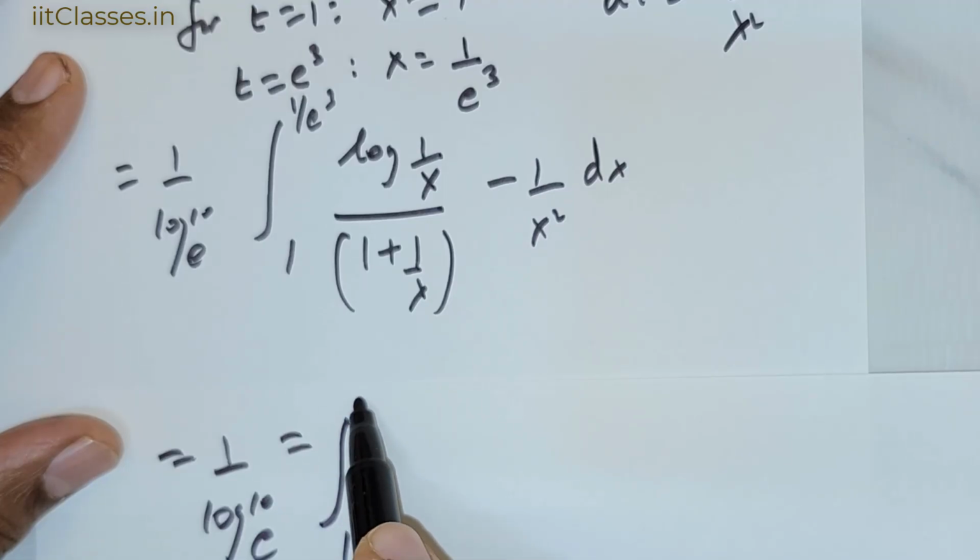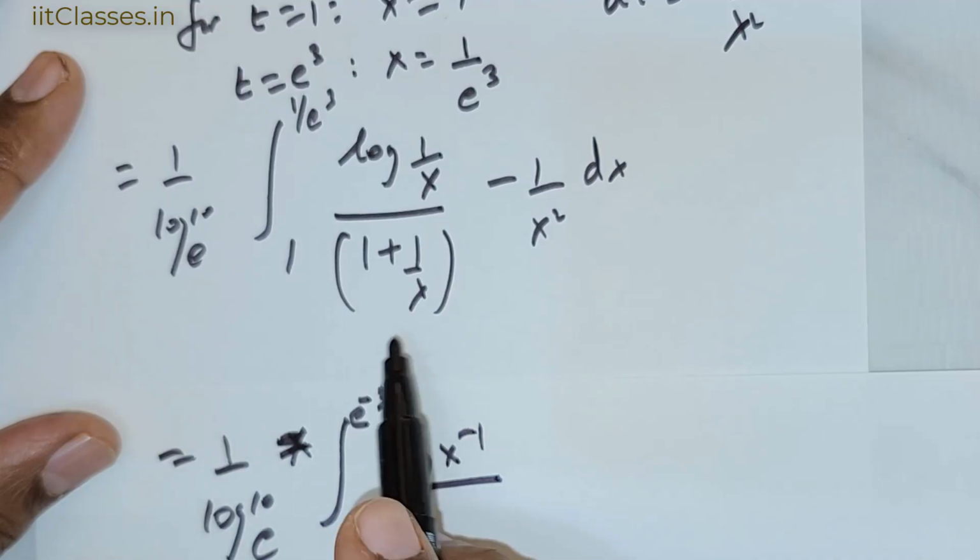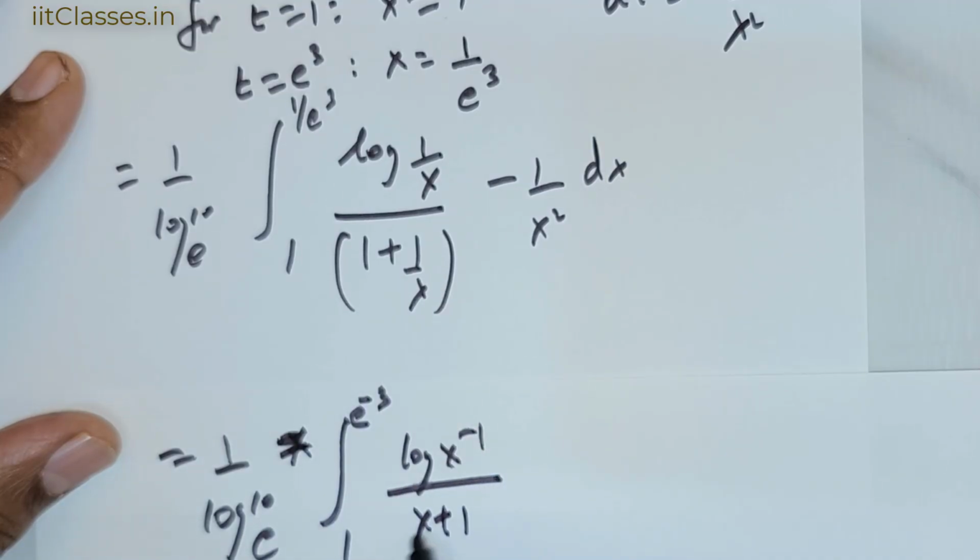I can write it as e raised to the power of negative 3. And I'm going to write log of 1 over x as log of x to the power of negative 1, divided by 1 plus 1 over x. I'm going to write it as x plus 1 divided by x, times the negative 1 over x squared times dx.